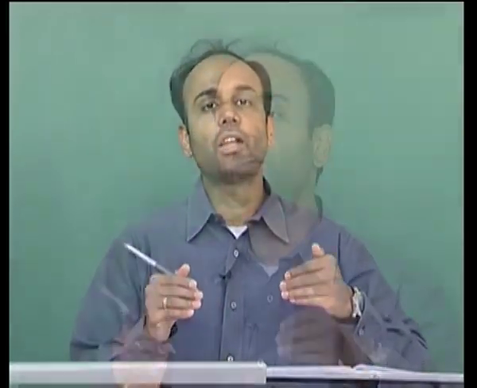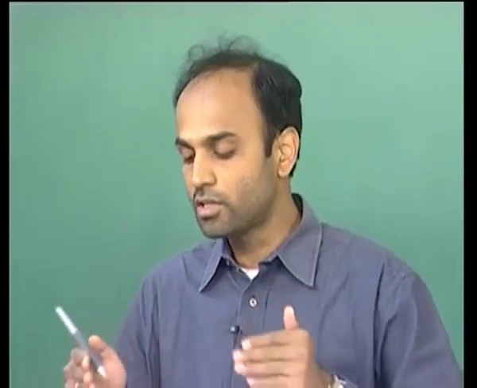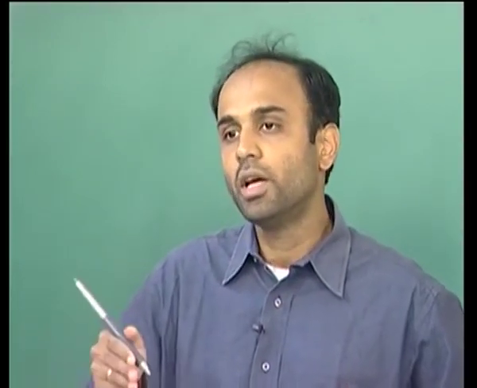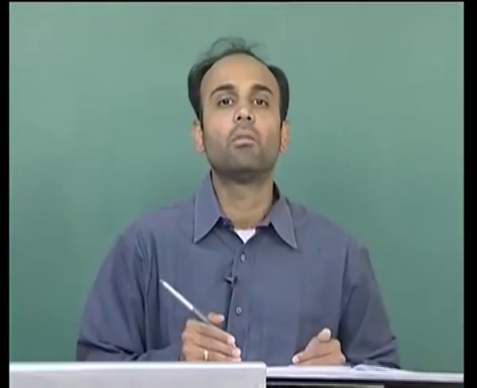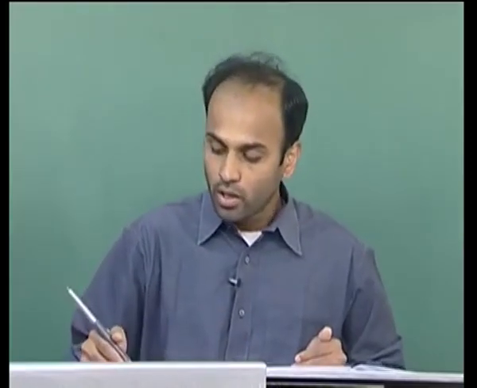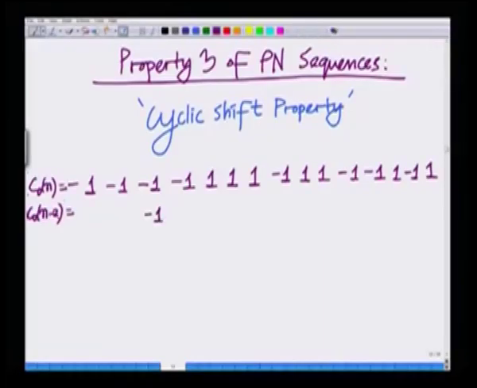Remember, f of t minus t naught is a shift in time by t naught. Similarly, C0 of n minus 2 is shifting in time by 2 chips. So, here the shifted code will look like this, minus 1 will come over here, this minus 1 will go over here. I am writing it underneath.